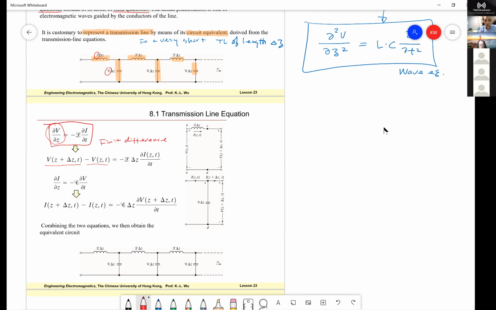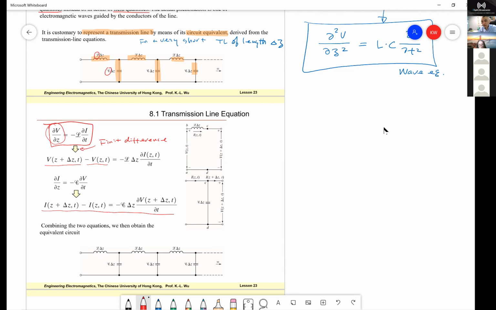We use finite difference approximation to represent this derivative with respect to Z, and also we have a similar equation for the current.